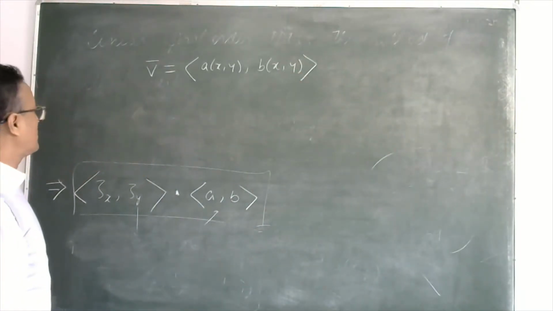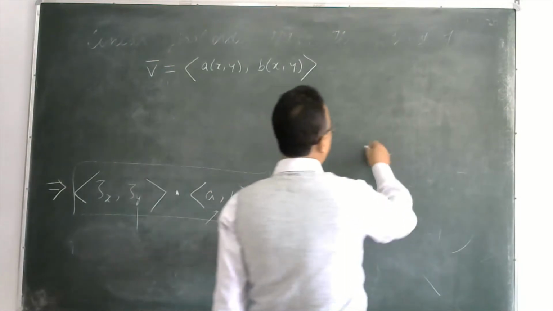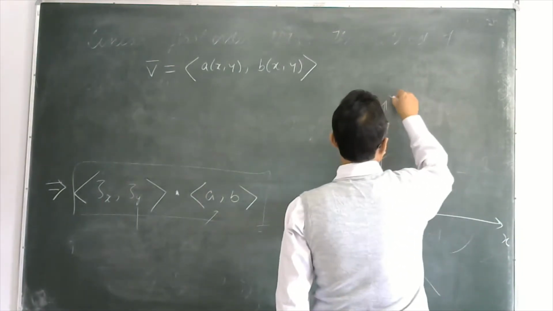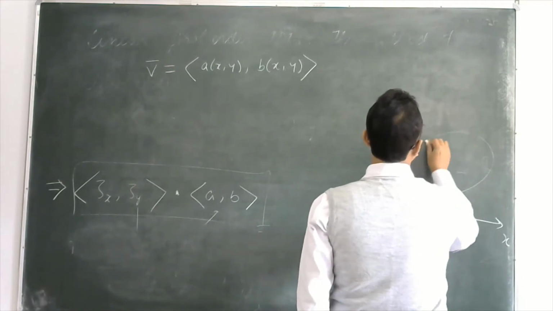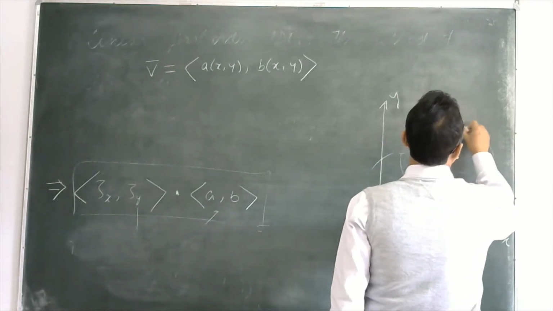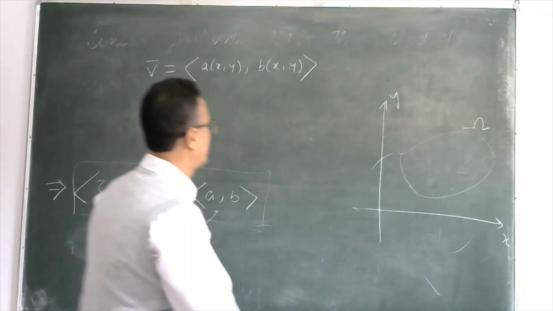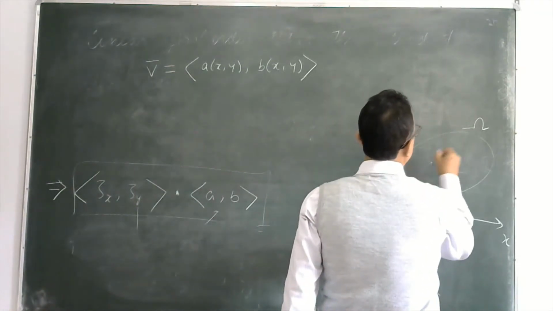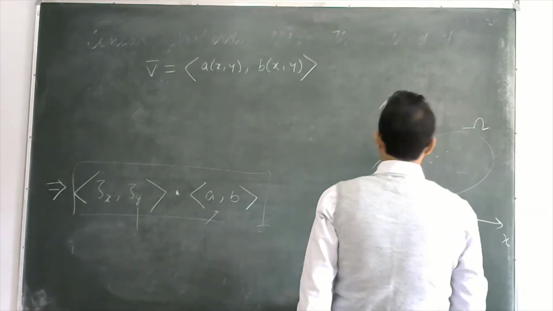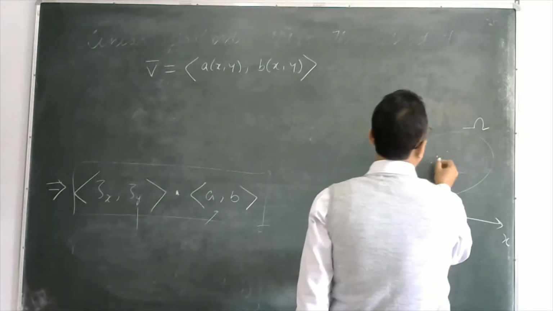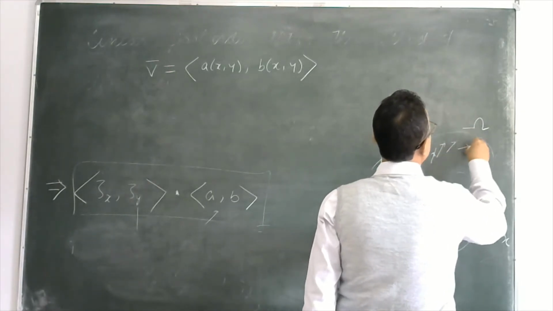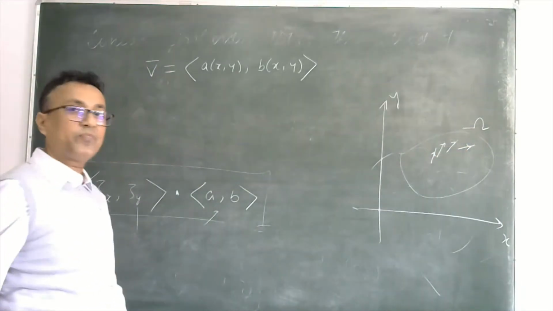Suppose this is the xy plane, R2, and this is my Omega. Then at each point here, I can get a vector field defined by this vector v.